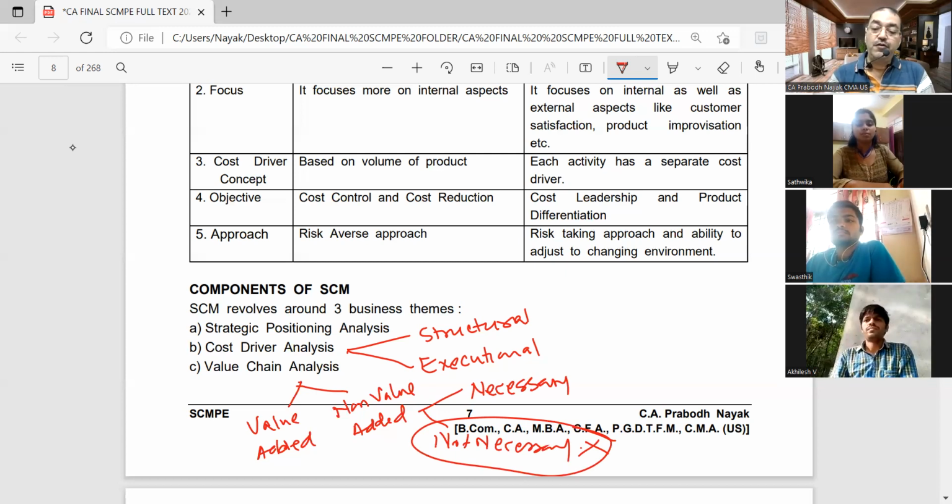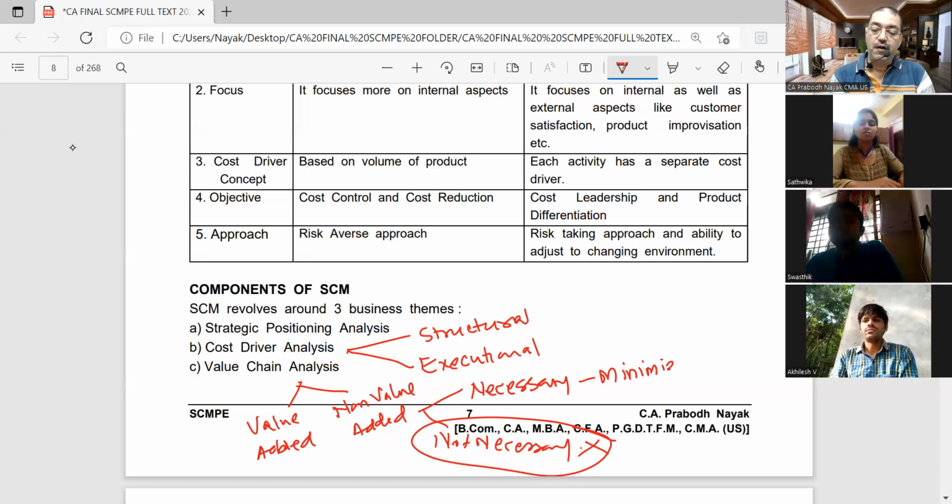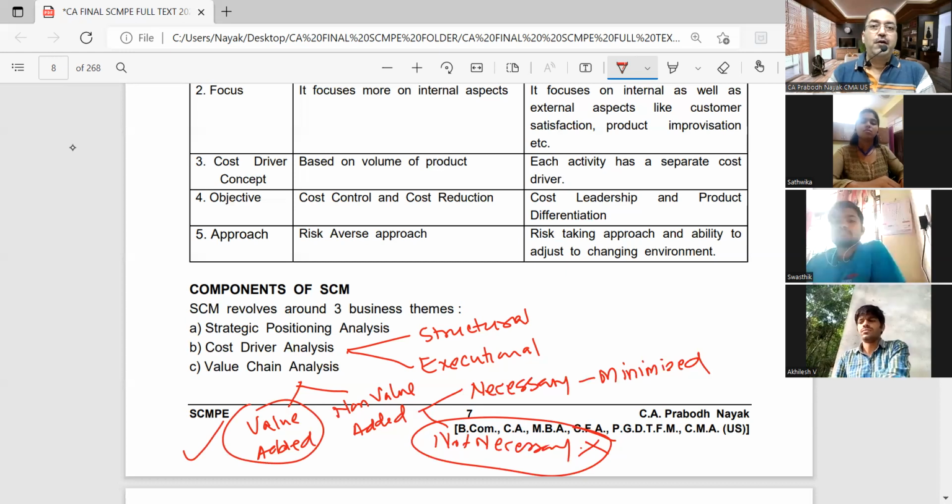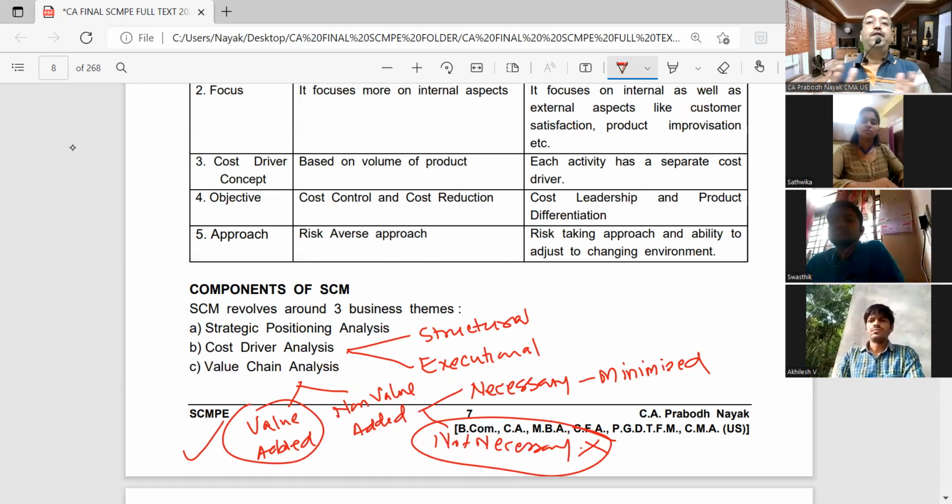Non-value added, necessary, should be minimized. Not eliminated, it should be minimized. Value added should be taken into full consideration. You have to promote those value-added activities. So that analysis of activities into value addition and non-value addition, and further breakup of non-value addition into what is necessary and what is not necessary, that is your value chain analysis.